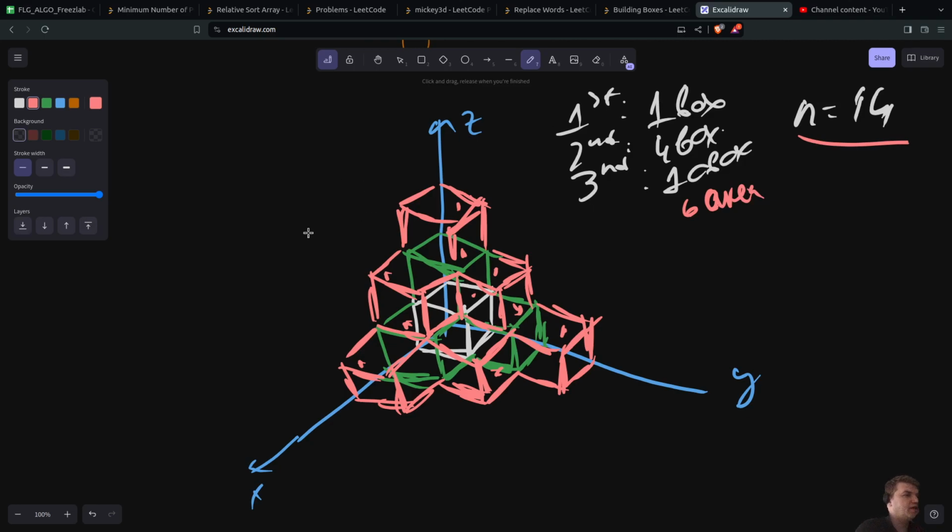So my argument here is that the most efficient strategy is to start adding boxes starting from one of the walls. Let's say we add one box here, and by adding one box we added +1 to the area because we added it right on the bottom.